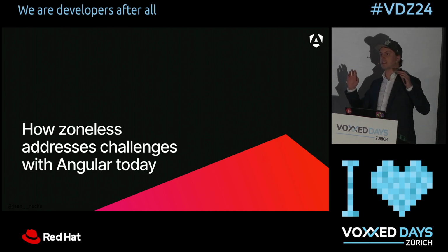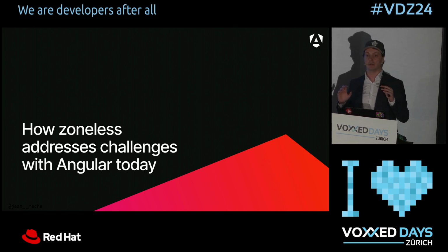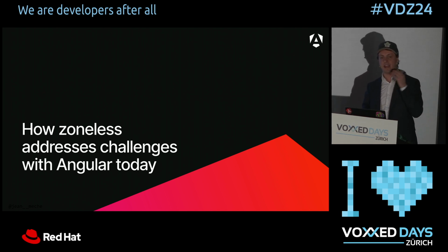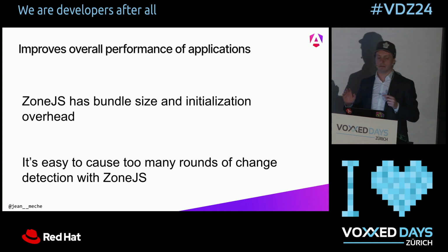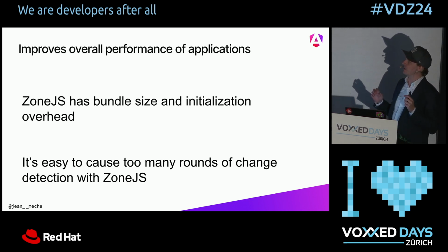So about Zoneless, the question is, how can removing Zone.js improve the developer experience, the performance, everything around Angular? So how does Zoneless address the challenges that Angular knows today? Removing Zone will or should address several points.